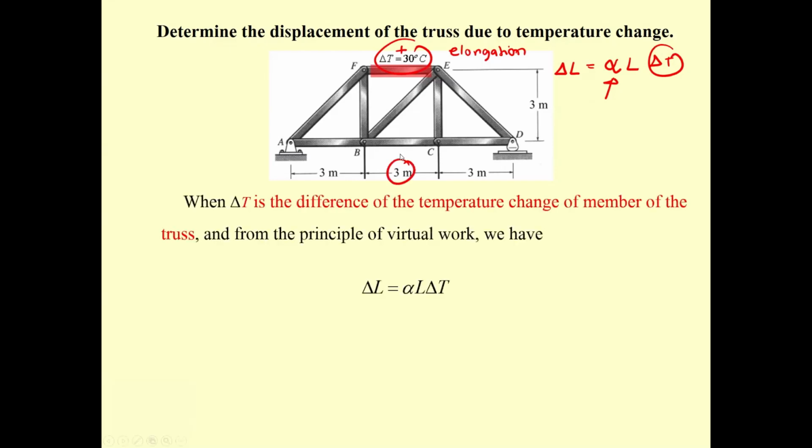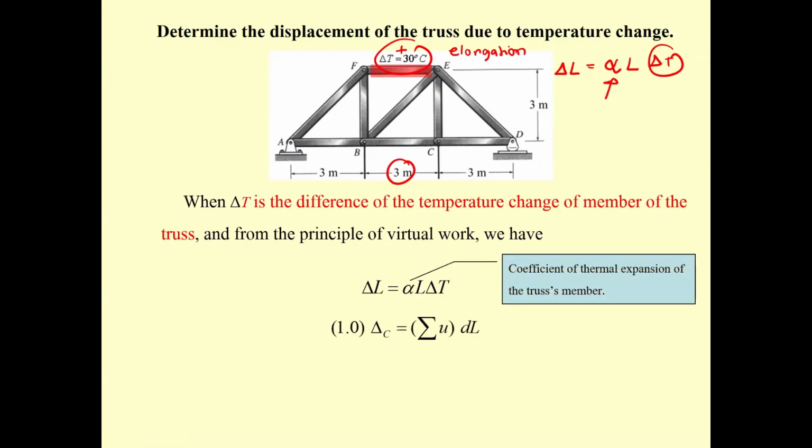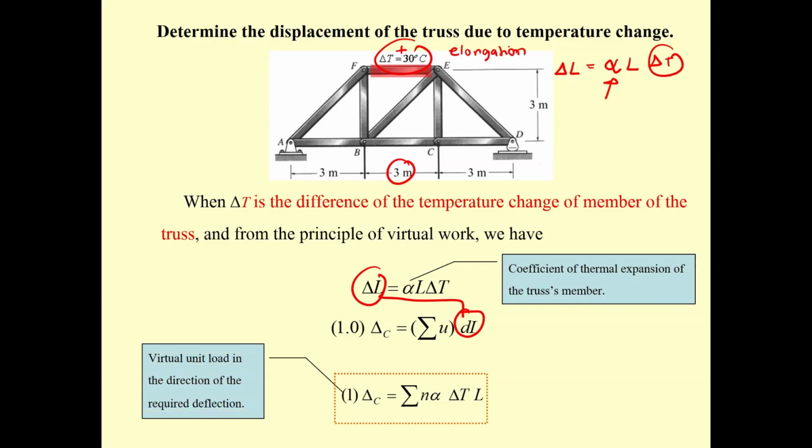So based upon this and the virtual work equation, you just take this one over here. You can compute for the change in temperature. It's important, especially for very high temperature. Now, let's take the example. Compute the deflection of a given point on this truss due to the change in temperature.